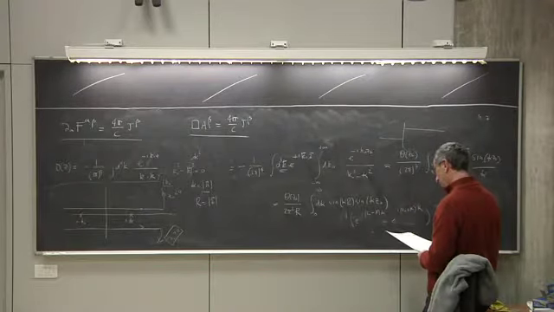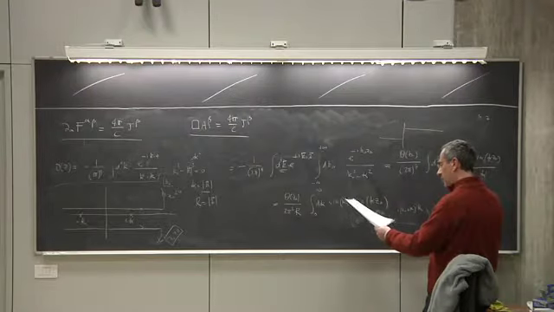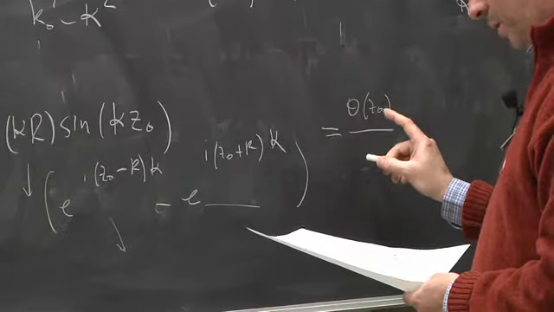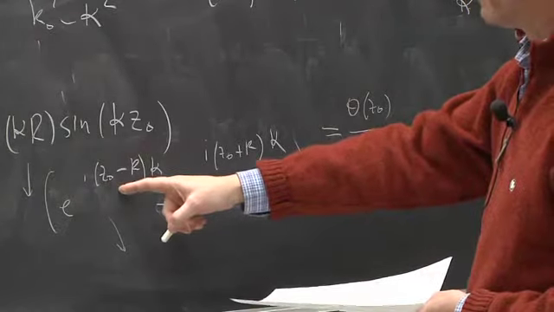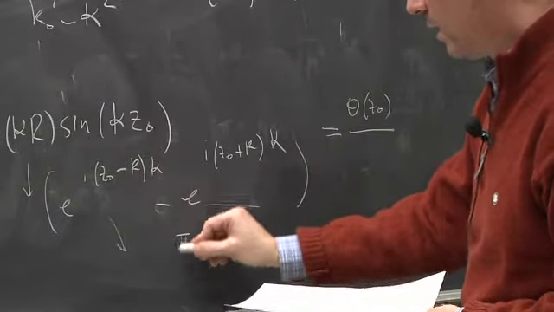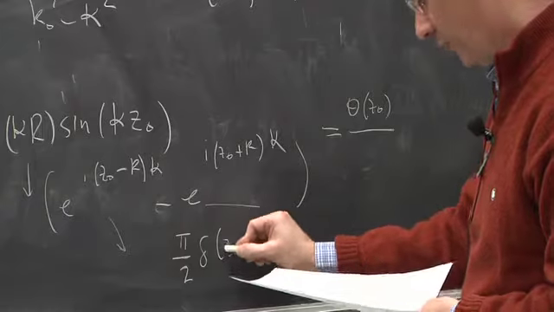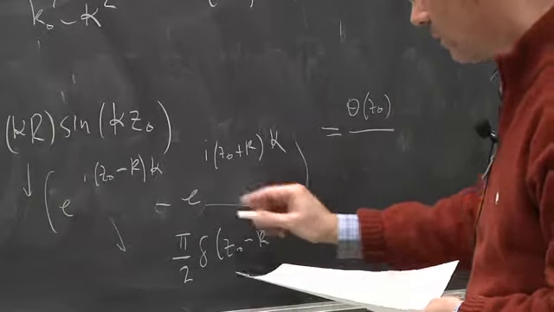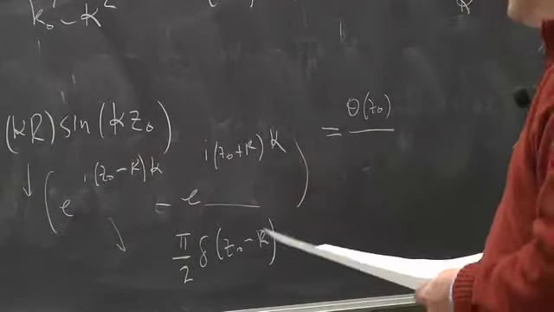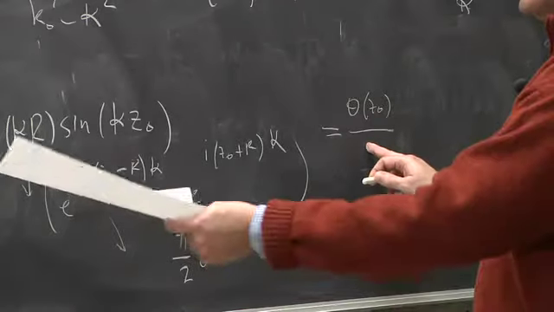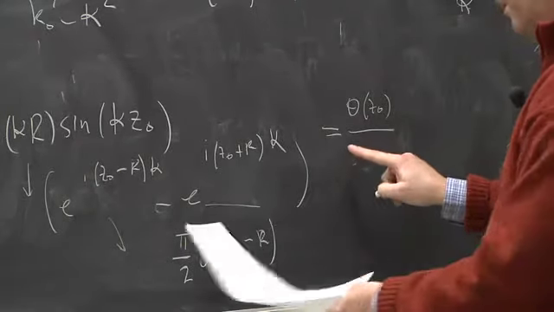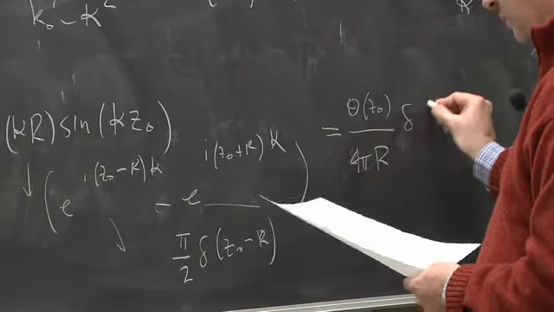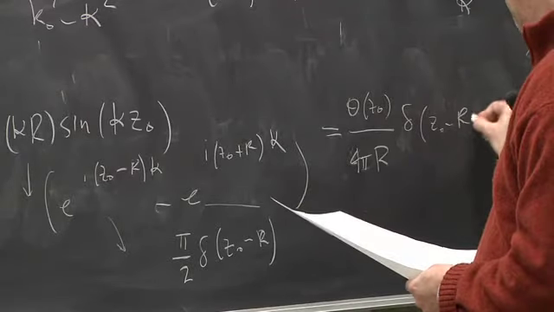So the end of the story is you get this theta z0, and there is a pi, this is one-dimensional, so this is pi over 2 times the delta function of z0 minus r. So when you plug in here, you get 4 pi big R, and then just a delta function, z0 minus r.